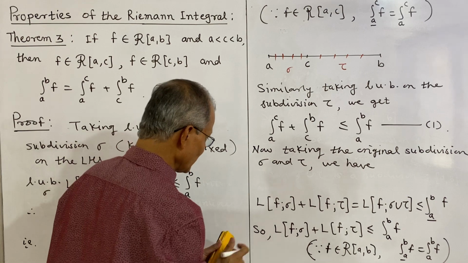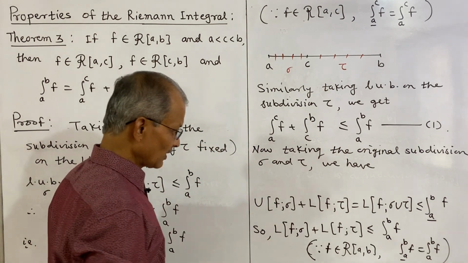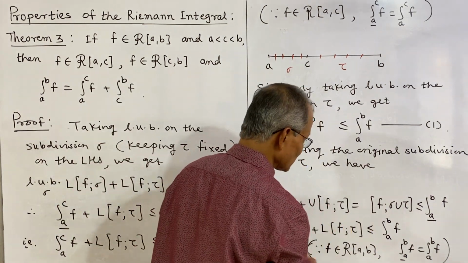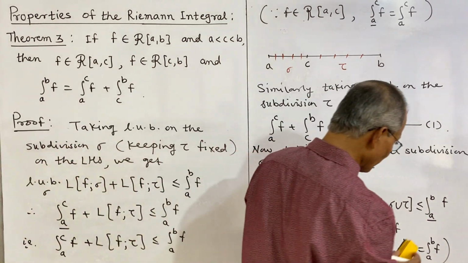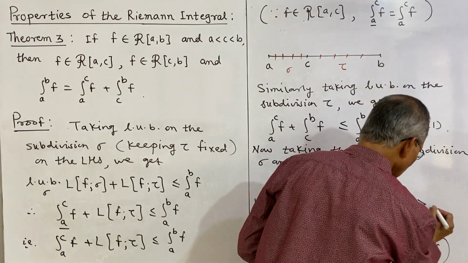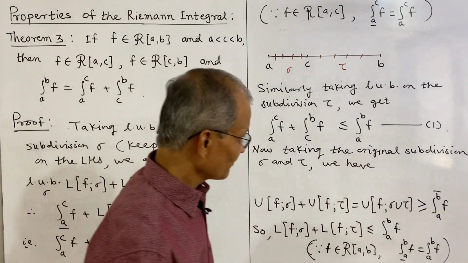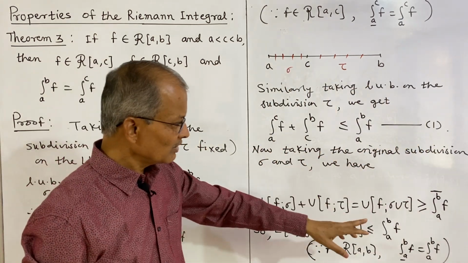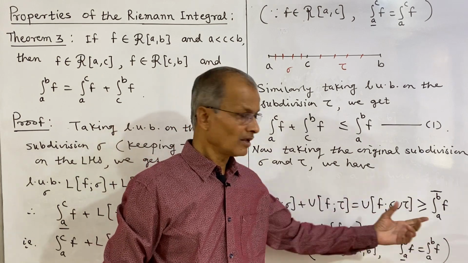I shall write the same result in terms of upper sum of f on sigma plus upper sum of f on tau, and that is the same as upper sum of f on sigma union tau. But this upper sum will be greater than or equal to the upper integral of f from a to b, because we know the GLB of the upper sum is the upper integral, the smallest value.